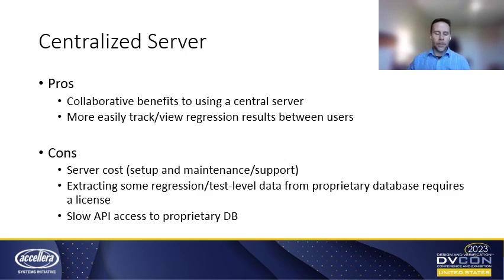It does also make it more difficult to extract regression data from the session, as it's stored inside a proprietary database. We have to access it using the vAPI or the GUI, again incurring license costs. All the data stored in VRM is inside of the UCDB files, which we can access on disk without license issues.